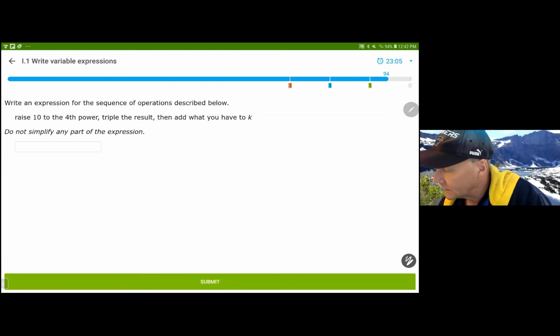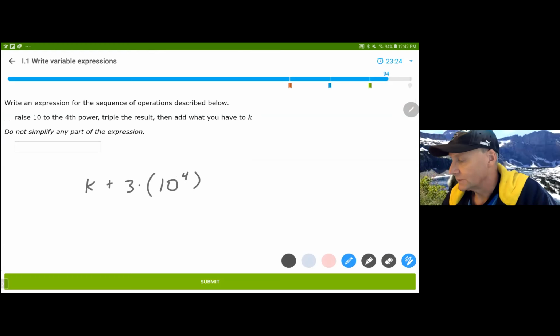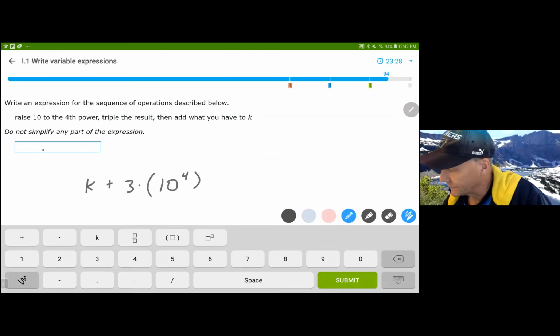Raise 10 to the 4th power. Triple the result. Then add what you have to k. So it should look like this. I am going to include the parentheses this time.